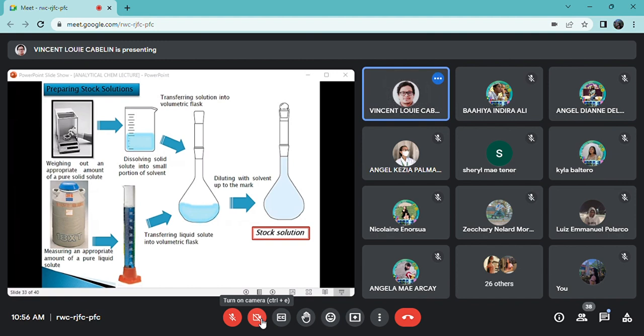If it's a pure liquid, then you also have to measure it using a good measuring device, usually a graduated cylinder. And then, if it's a solid, you put that inside a beaker, you dissolve the solid into a small portion of solvent, okay, and then transfer everything to a volumetric flask.